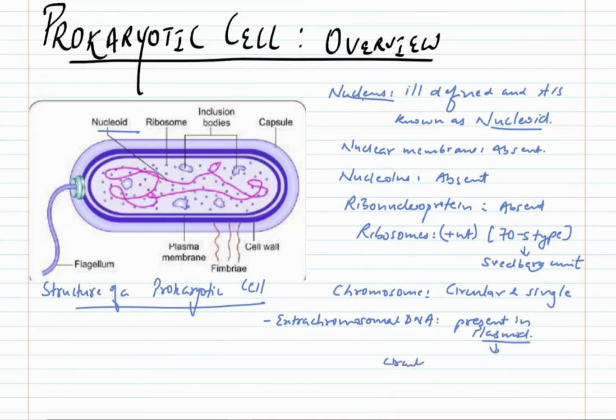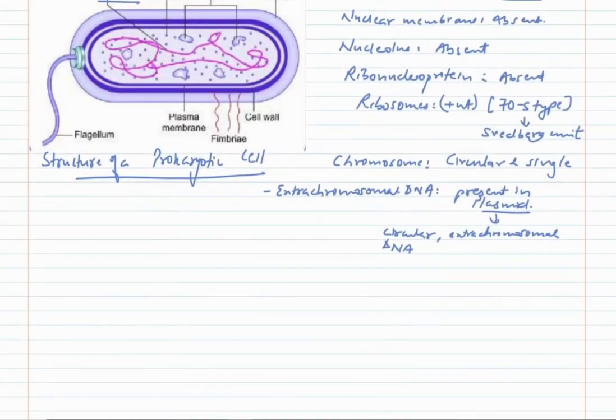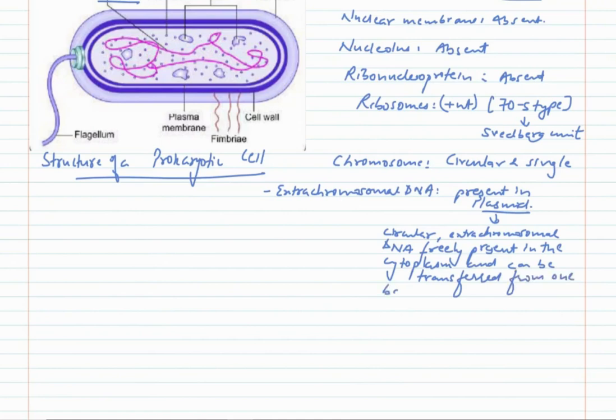These are circular extrachromosomal DNA which are freely present in the cytoplasm and can be transferred from one bacterium to another bacterium.